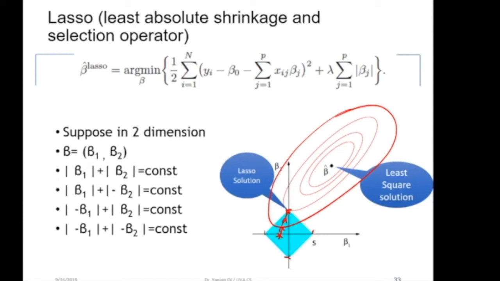In this case, the corner point means S0, right? This point actually pushes the beta 1 to be 0, and beta 2 has a quantity. So this type of solution will give my beta 1 equal to 0. And when you have a lot of dimensions, it will push quite a number of beta j equal to 0.